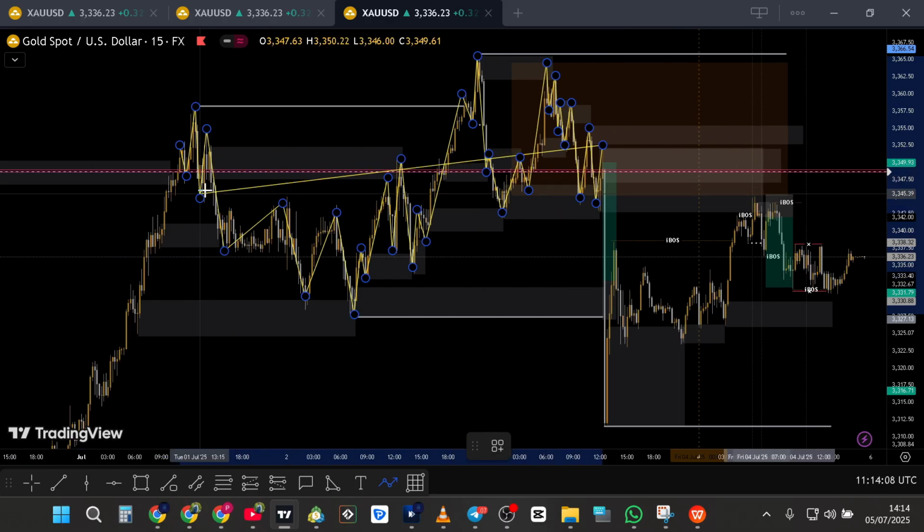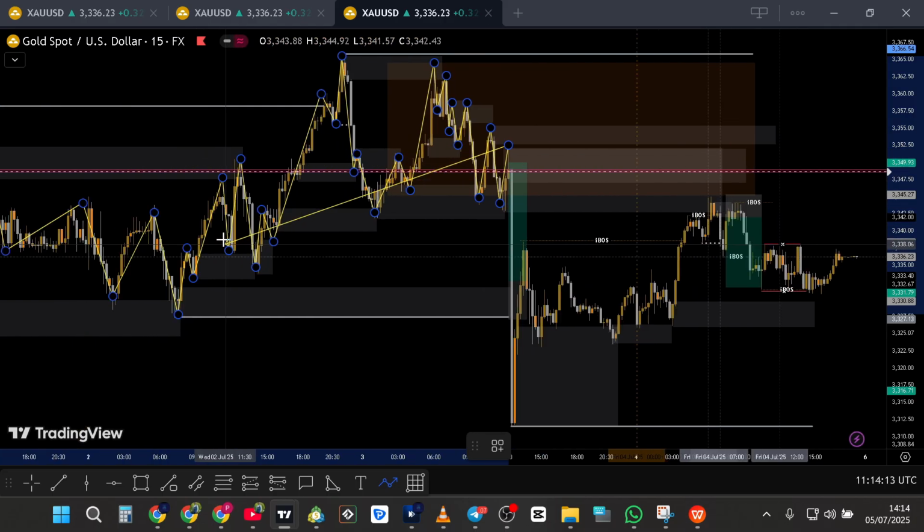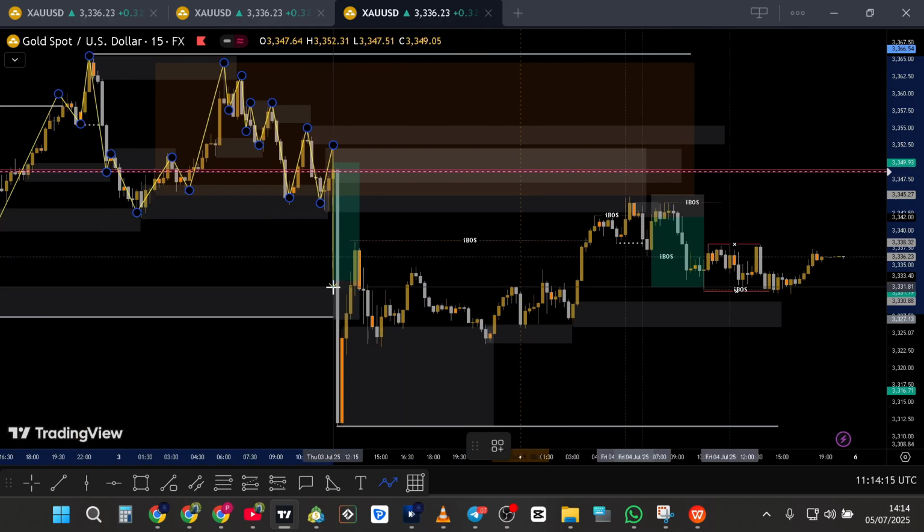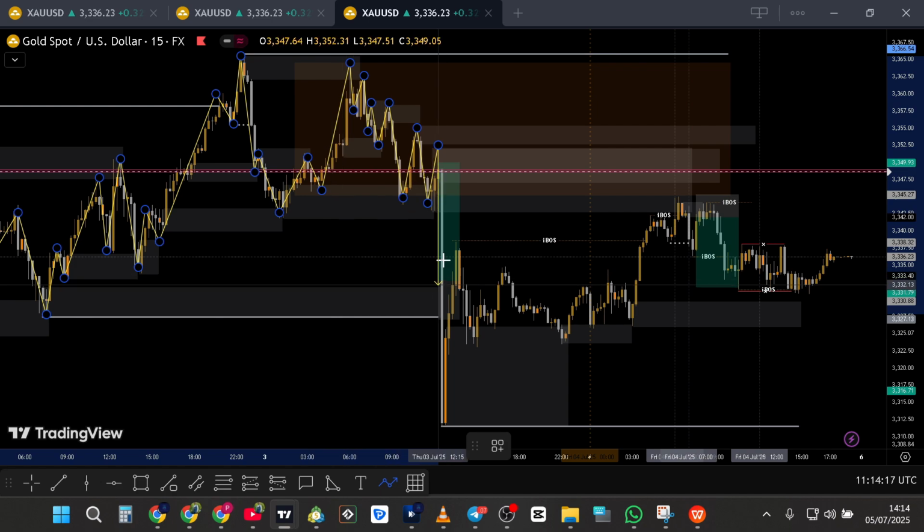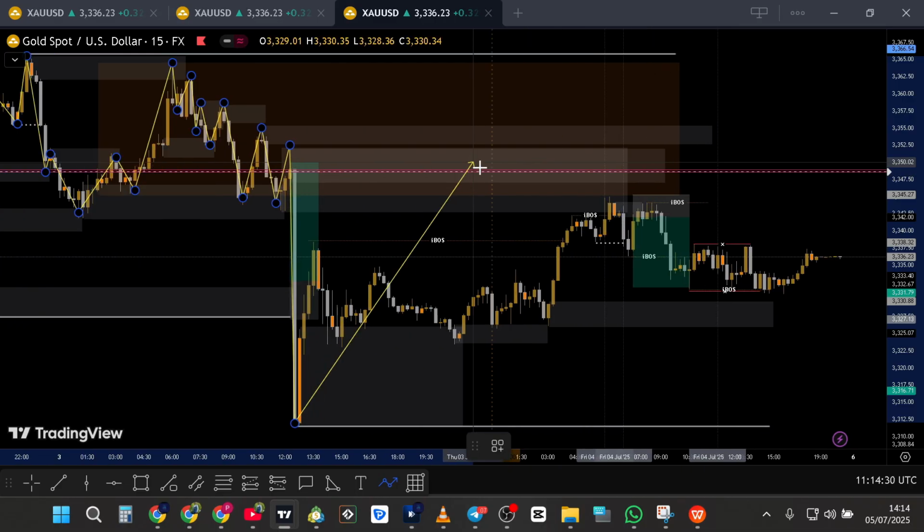And also here, change of character right there, return, then continue to the downside. So I was expecting also from here, we could have a change of character, the return, and then continue to the downside. But this was NFP, so it shot down to break that low, and also to give us maybe possible confluences that we could be going to the downside.